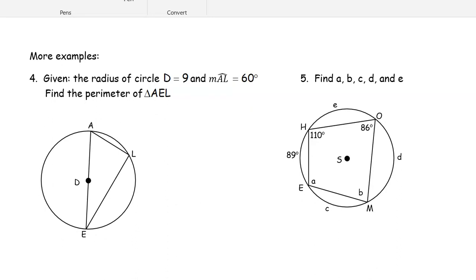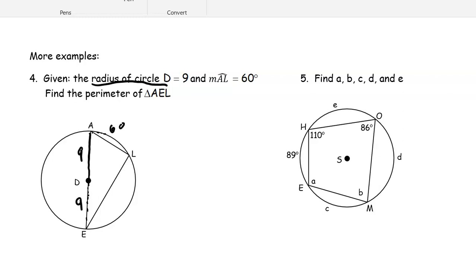All right, it says given the radius of circle D is 9, so from D to A is 9. That would also then mean that D to E is 9, because every radius is 9. And then arc AL, the measure of arc AL, is 60 degrees.